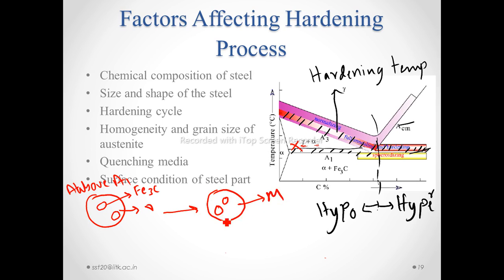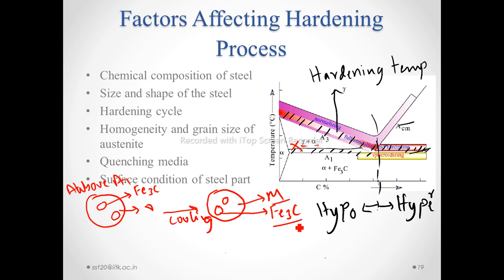So when we are cooling, this will result in the martensite and Fe3C. Correct? Okay. But here is a totally different case. So we are getting Fe3C and the martensite.